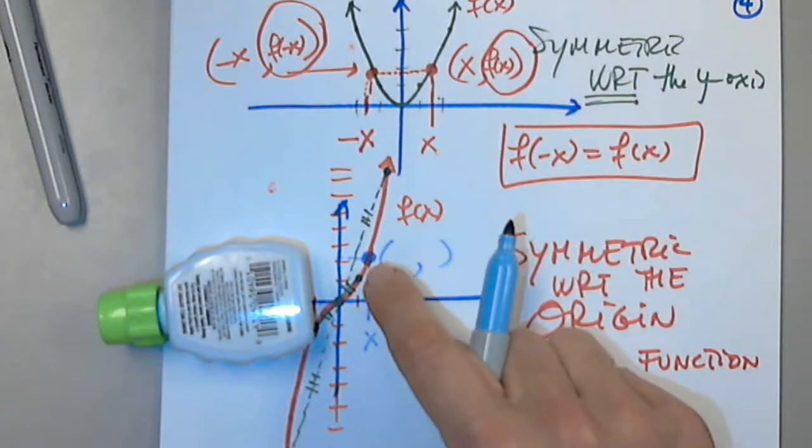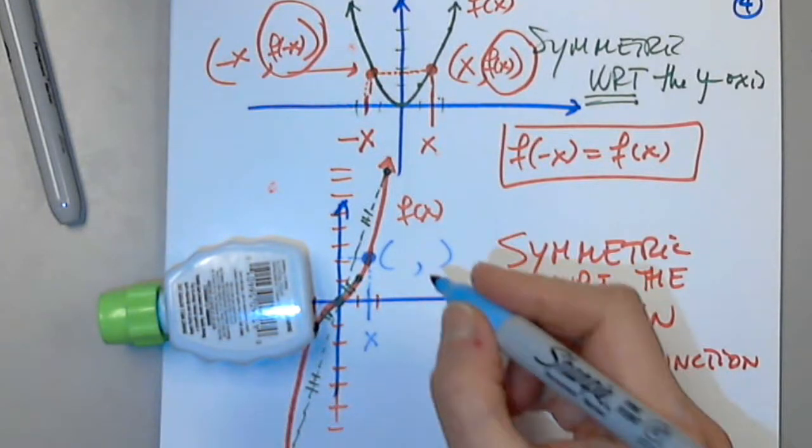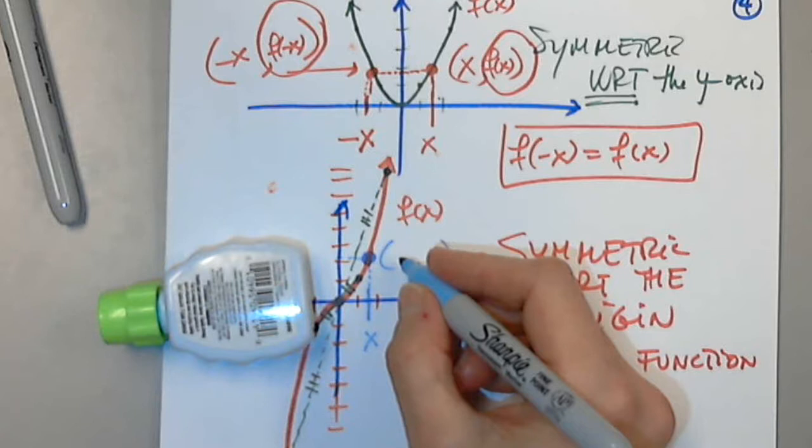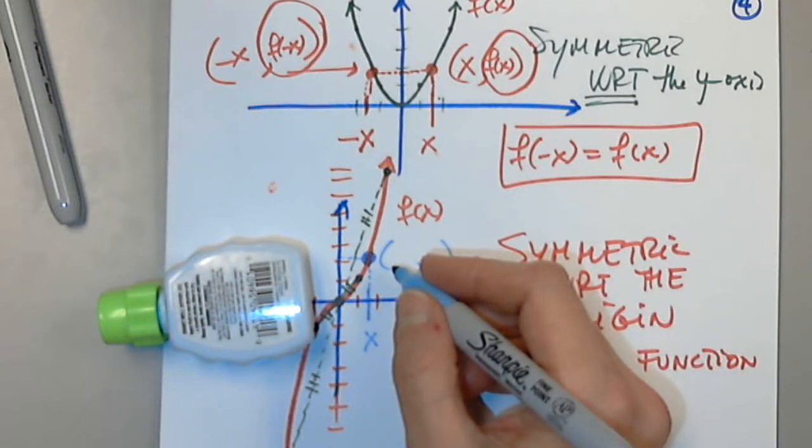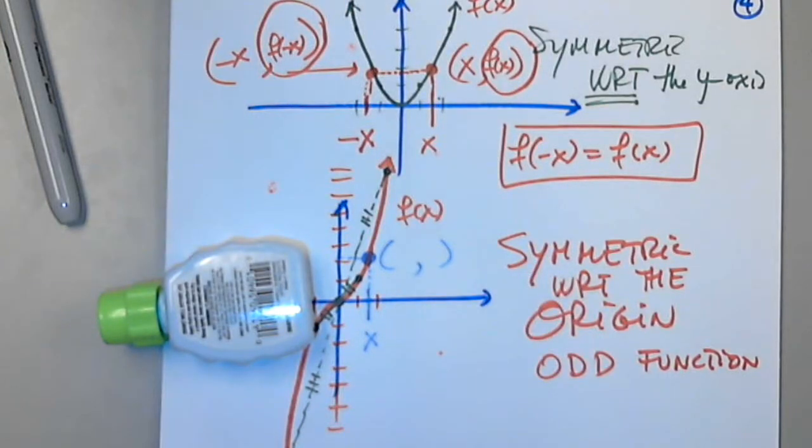Can anyone give us the coordinates of this point? Look back at the previous function.